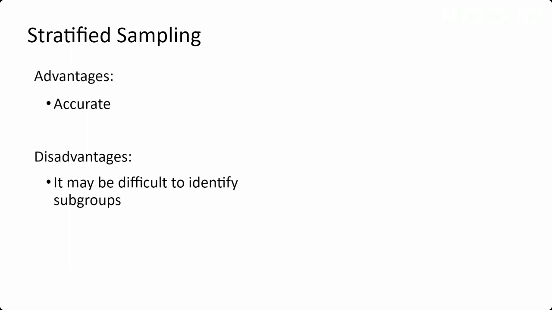The disadvantage is that it may be difficult to identify subgroups. There are some groupings which you may not know as a researcher, and it might give you a challenge when using this method to sample your sample.